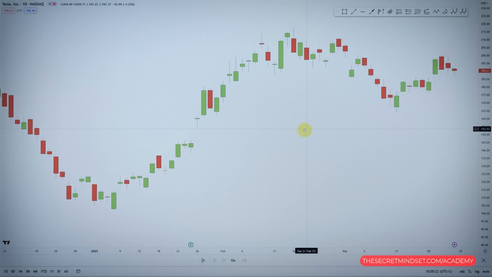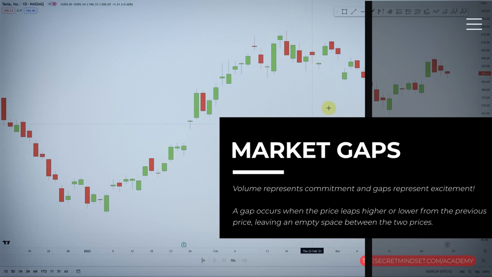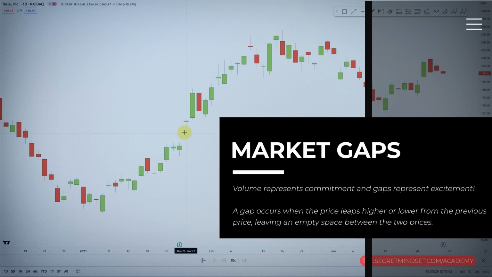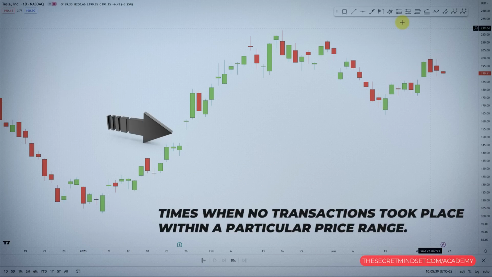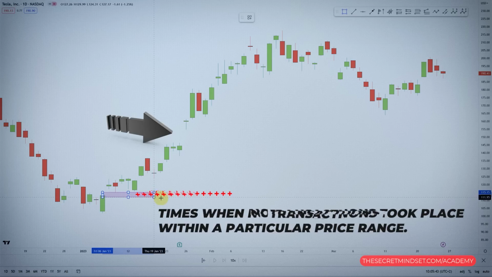If volume represents commitment, then gaps represent excitement. A gap occurs when the price leaps higher or lower from the previous price, leaving an empty space or gap between 2 prices. If you trade stocks or indices, you'll often see blank spaces, which represent times when no transactions took place within a particular price range.